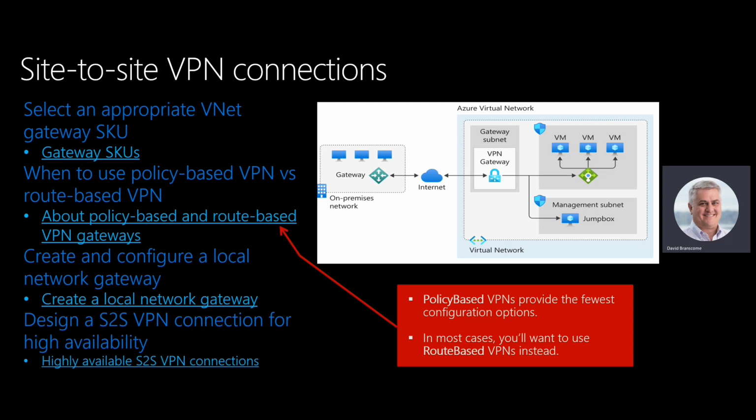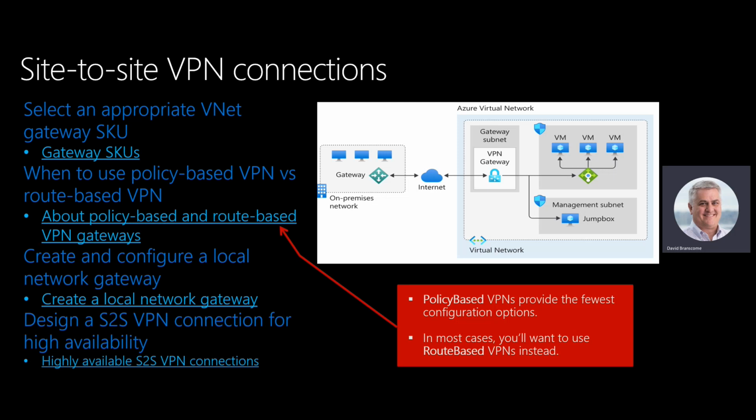A VPN gateway, which you see in the middle of this diagram, is an Azure service that provides this bridging functionality. So your VPN gateways support a variety of different connections, but each virtual network can only have a single VPN gateway, and all the connections to that VPN gateway are going to share the same available network bandwidth.